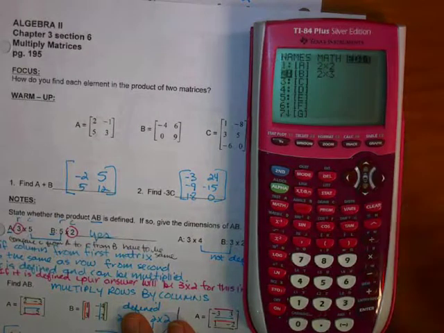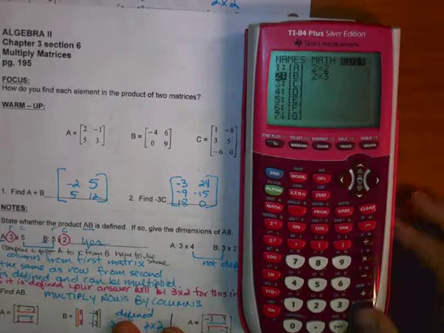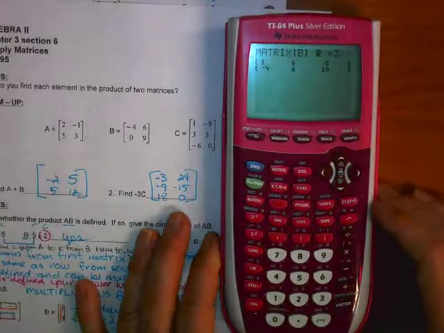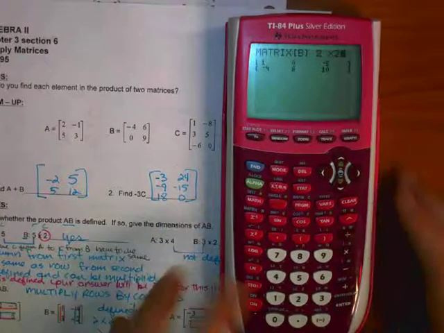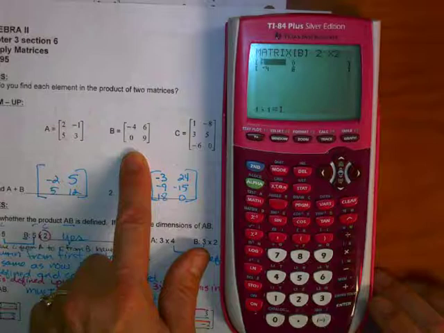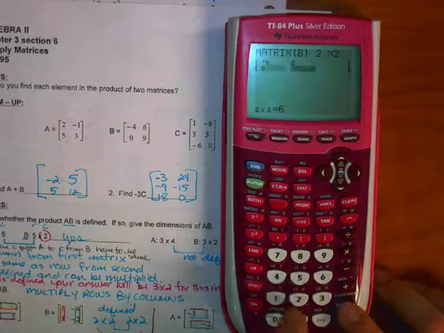And I want to edit B this time. So I arrow down to B and push enter. You enter its dimensions, 2 by 2. Here's B right here. I want to use this one. -4, 9.